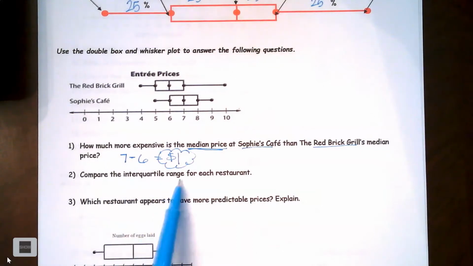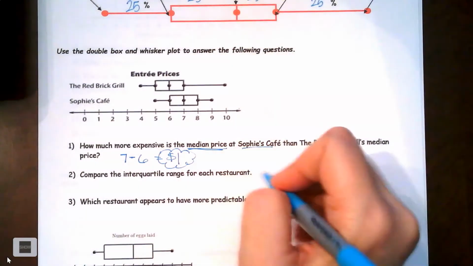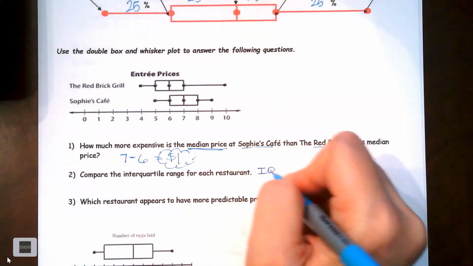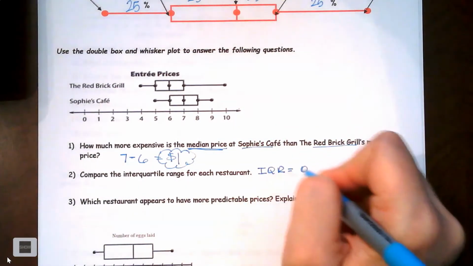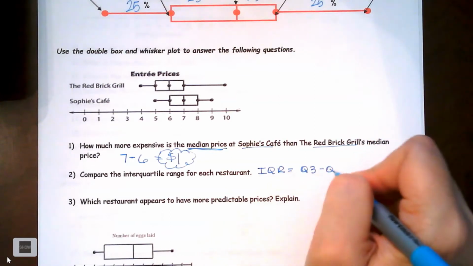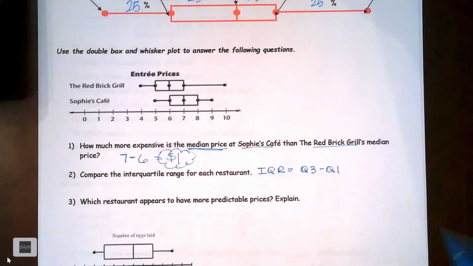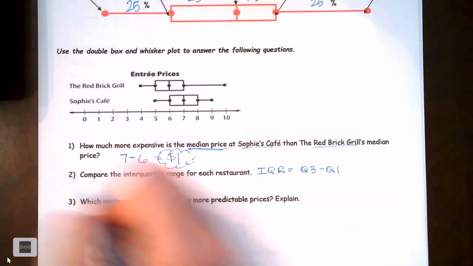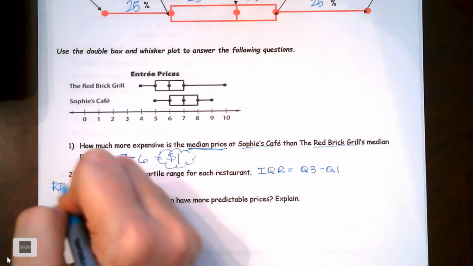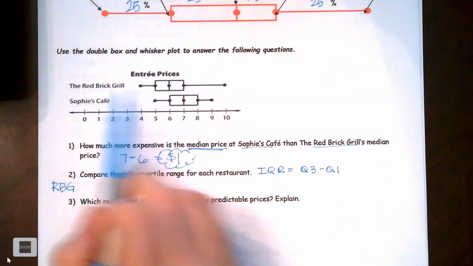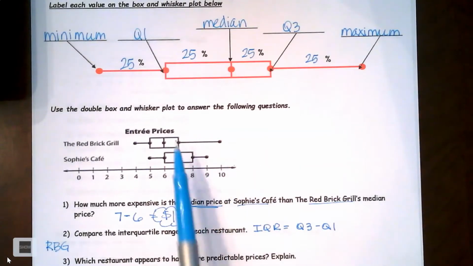Compare the interquartile range for each restaurant. Well, remember from our measures of variation, the interquartile range is Q3 minus Q1. Alright, so for the Red Brick Grill, we need Q3. And if you forget, we have that diagram up here. Q3 is the end of the box on the right-hand side.